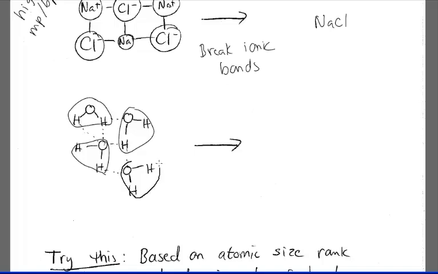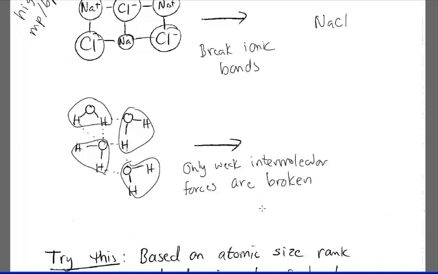The dotted line represents the forces between them, which are not covalent bonds. They are weak intermolecular forces. So only weak intermolecular forces are broken when you melt or boil. And those, since they're weak, it doesn't take nearly as much heat. Okay, not covalent bonds.